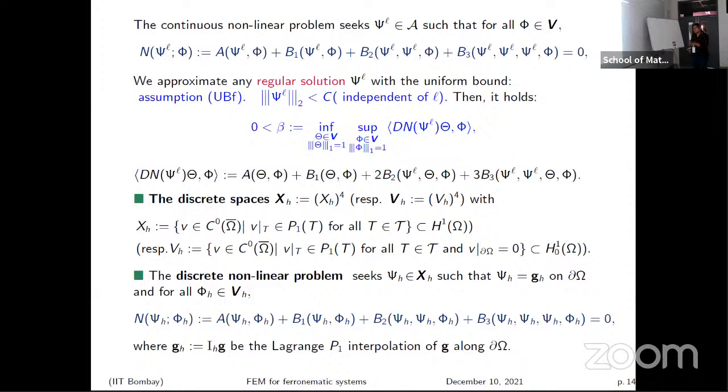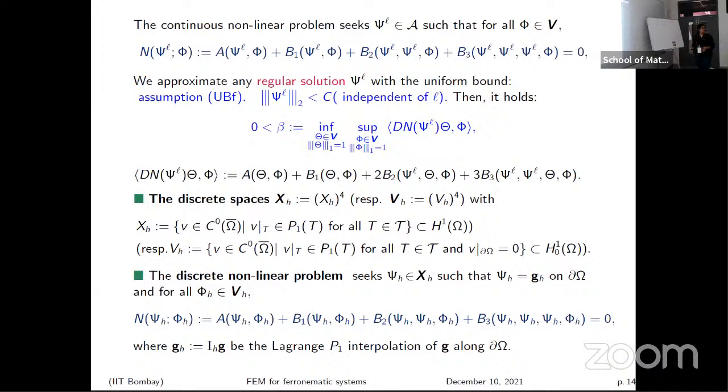So then we define the space Vh, which is the subspace of Xh, such that it satisfies the homogeneous boundary conditions, and therefore it is a subspace of H1_0 omega. So this is the discrete nonlinear problem, which takes psi_h in the discrete space such that psi_h is g_h on the boundary, and for all phi in Vh, the system is satisfied.